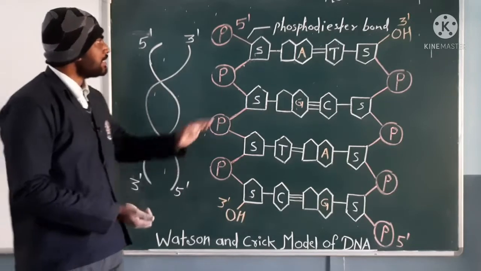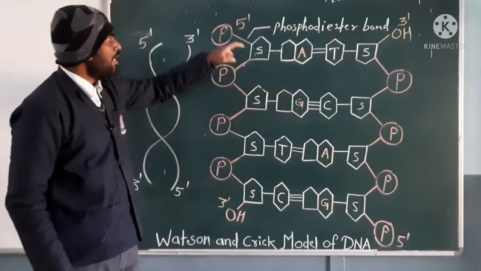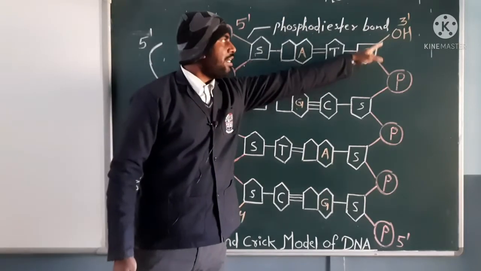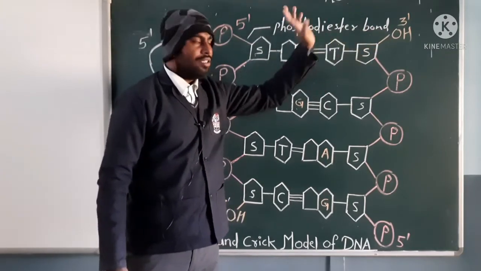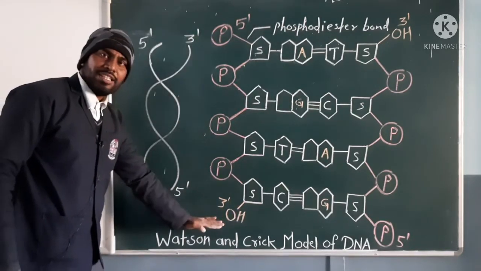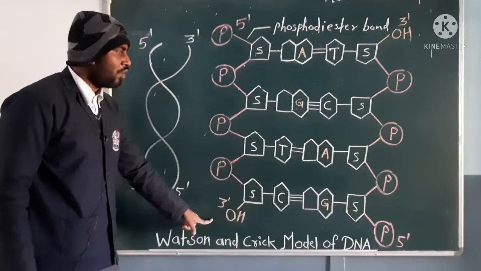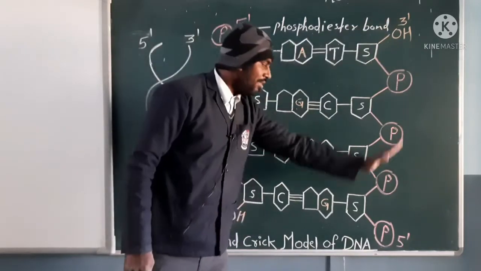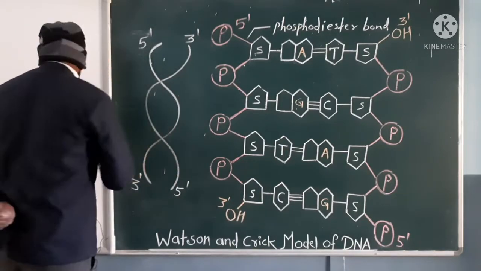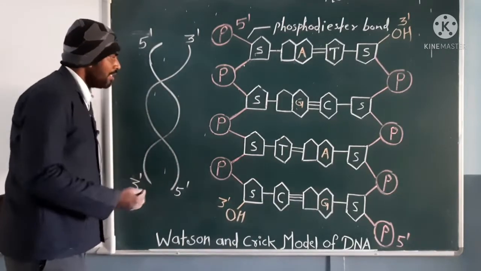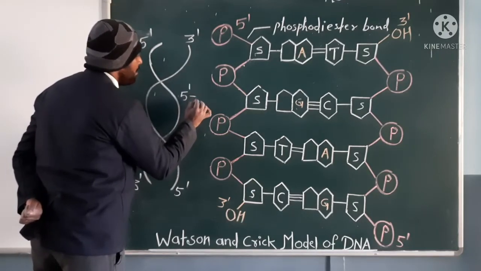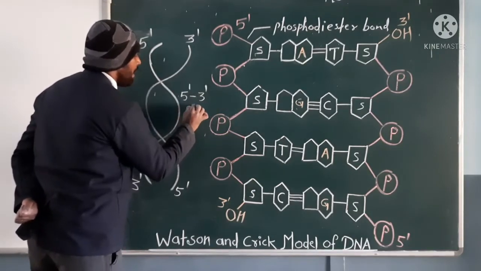You can see the same structure I have drawn here, bacho. If here it is 3 prime, there should be 5 prime. So DNA shows 2 specific ends, readable as 5 prime to 3 prime.